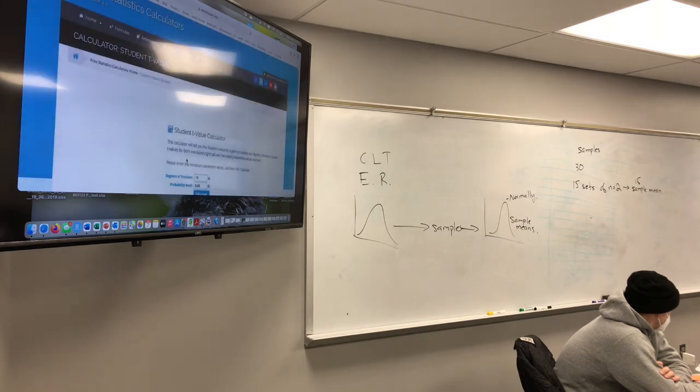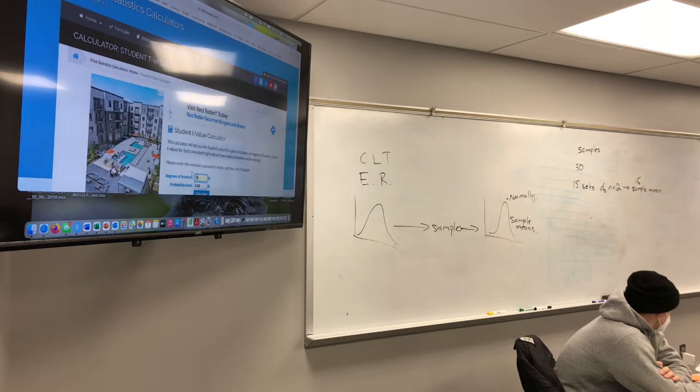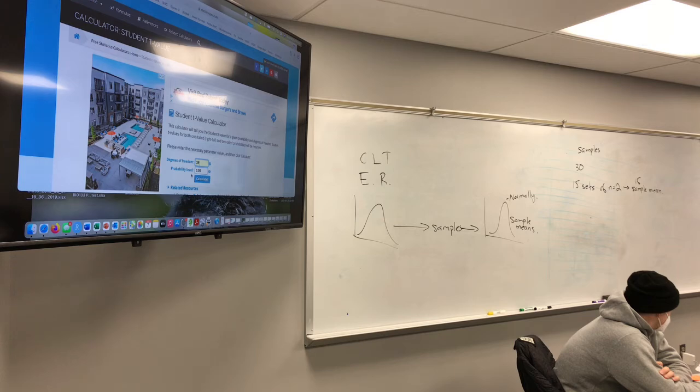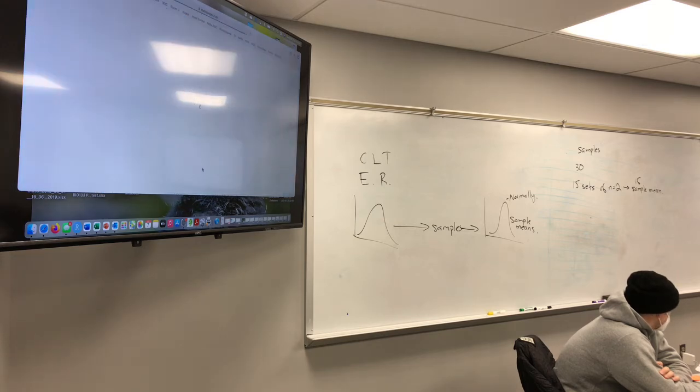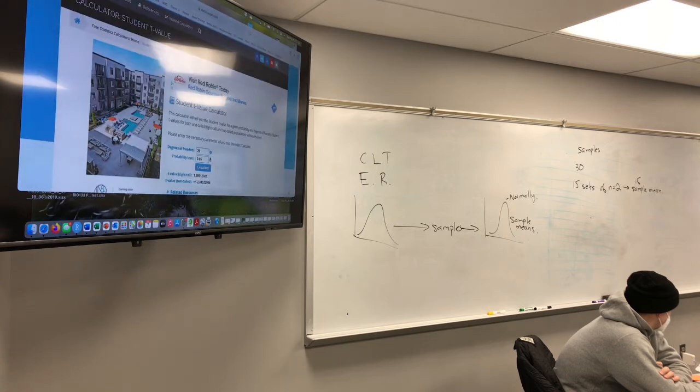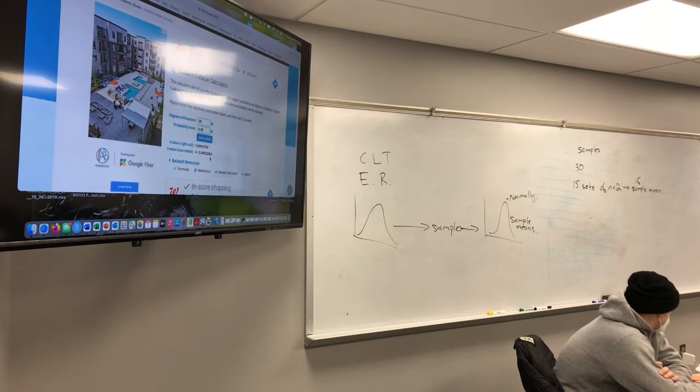It will then ask you two things that you need to know. You need to know the degrees of freedom, which in this case is 29. And you need to know the probability level, which is 0.05. Click on calculate. And what it will do is it will give you what the t-statistic should be. And you want the two-tailed t-statistic, which in this case is 2.045.